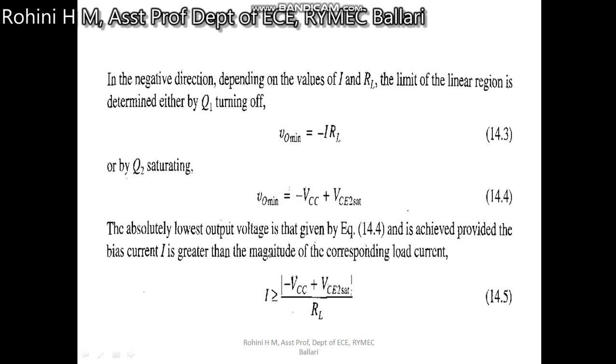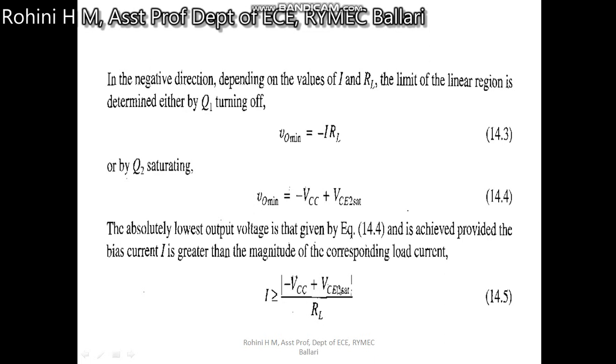Then the absolutely lowest output voltage is given by this expression and is achieved provided the bias current I is greater than the magnitude of the corresponding load current. So this is assured when the current I must be greater than the magnitude of the corresponding load current. So what is the load current?